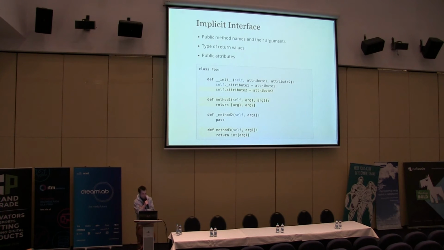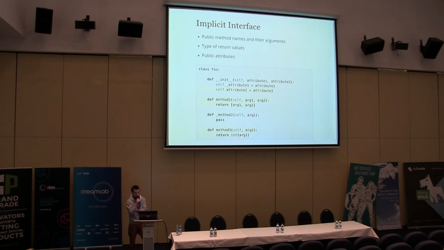In Python, we don't have to write interfaces, but we depend on them. Every class and every function implicitly implements a certain interface. The interface of every class in Python includes public method names and their arguments. Here it would be method1 and method3, but not method2 because it's private.